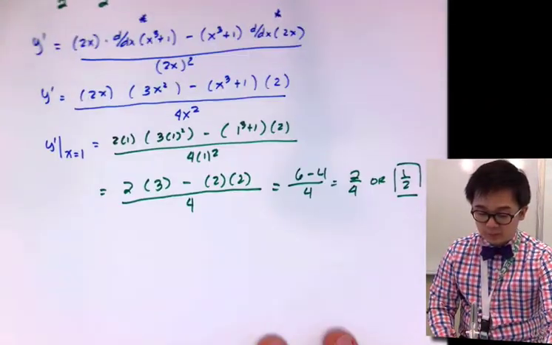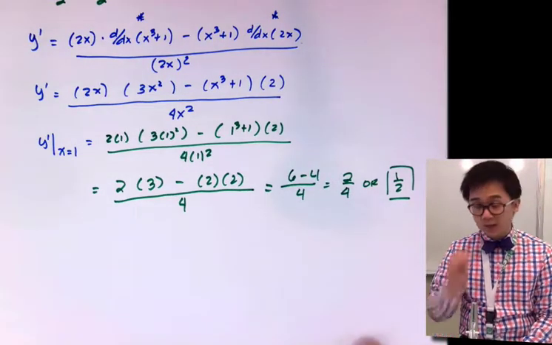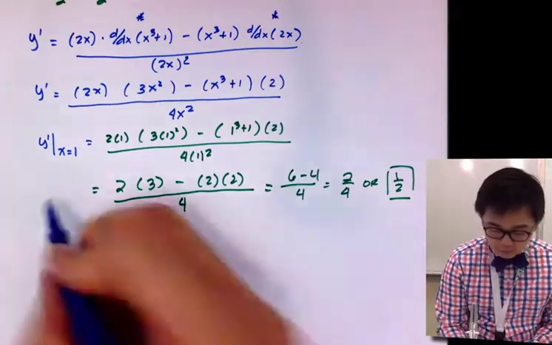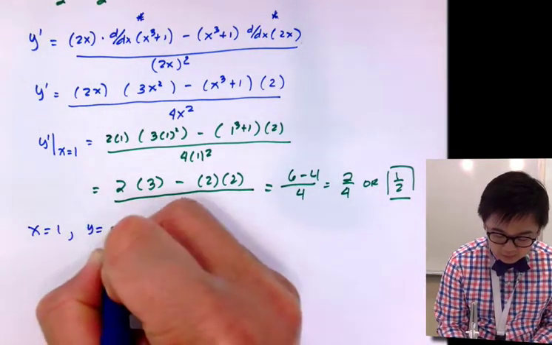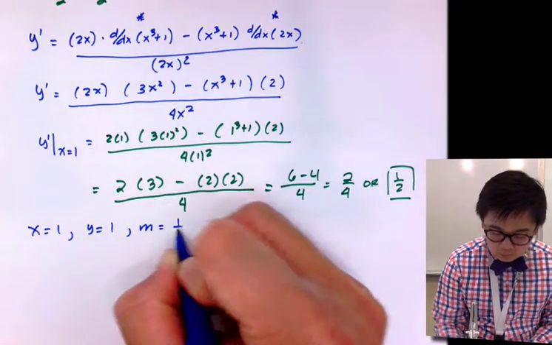So just like what we did before, we're going to find the equation of the tangent line and the equation of the normal line. So we know that x is equal to 1. We also know that y is equal to 1. And we also know that m is equal to 1/2.